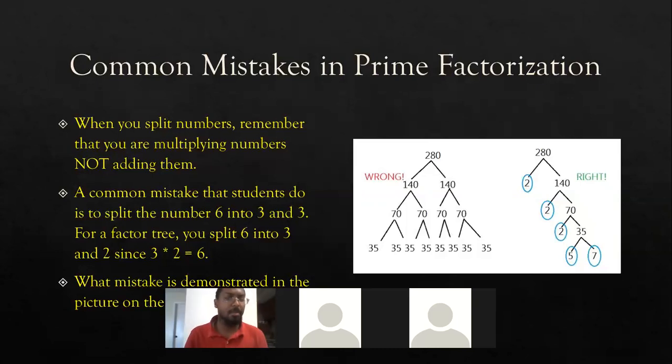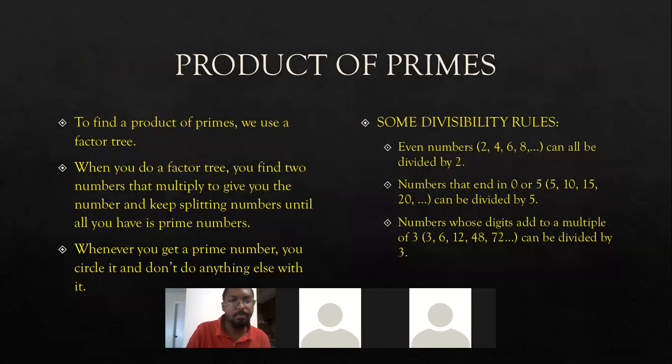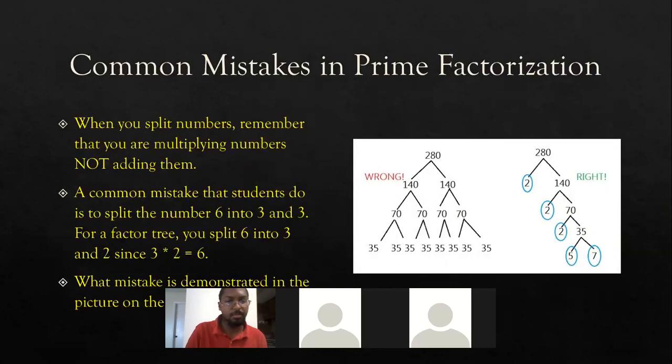Let me show you some common mistakes in it, though. One common mistake that we see in prime factorization, when we do factor trees, is students will have the tendency to say, okay, I'm going to split 280 into two parts.